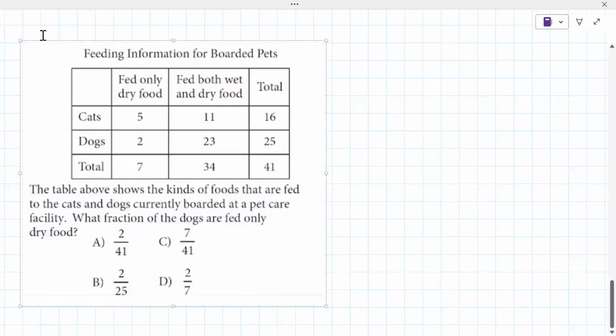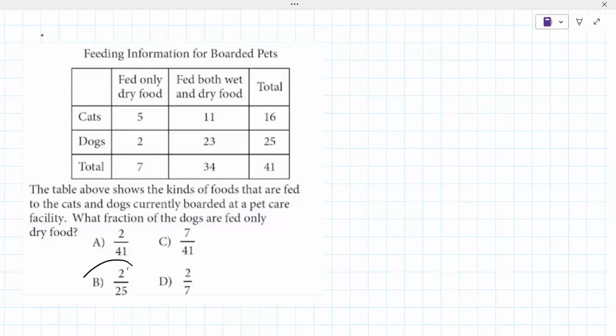It says the table above shows the kinds of foods that are fed to the cats and dogs currently boarded at a pet care facility. What fraction of the dogs, just the dogs, are fed dry food only? Dry food only. Yeah, 2 out of 25. All right, that was so easy. I'm going to make you do the next one on your own, okay?